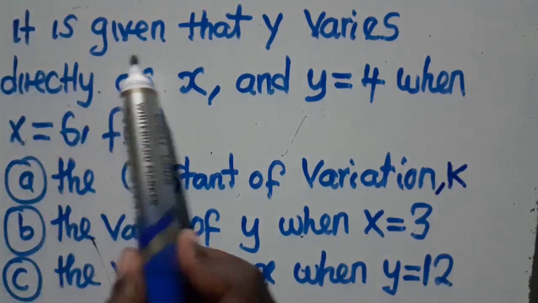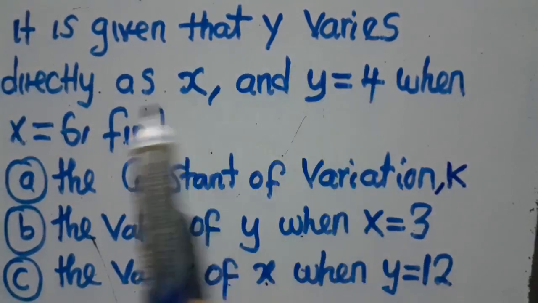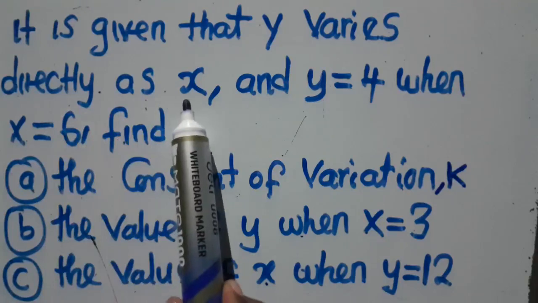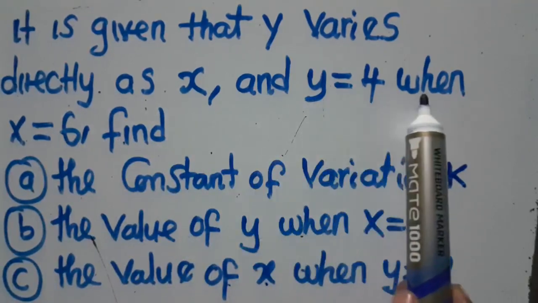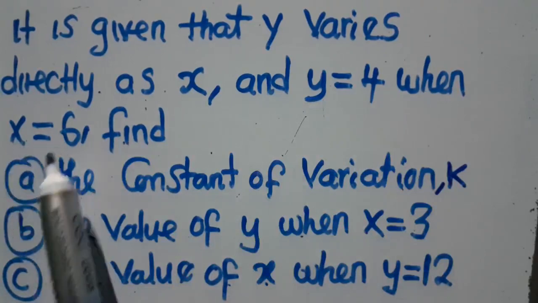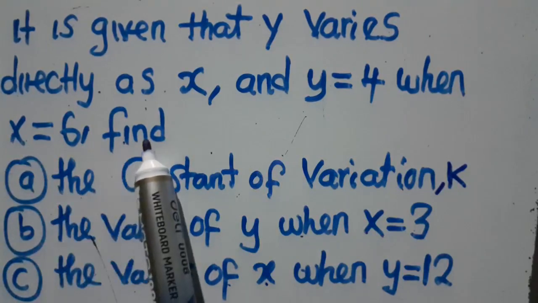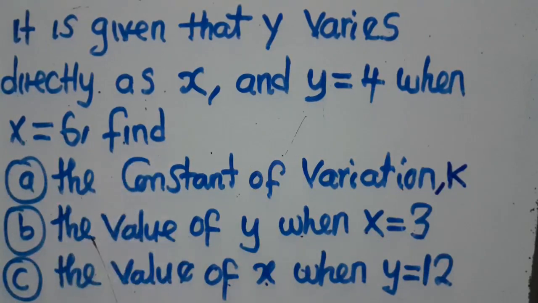It is given that y varies directly as x, and y is equal to 4 when x is equal to 6. This is the kind of question you will find under variation, either inverse variation, direct variation, or a combination of the two.